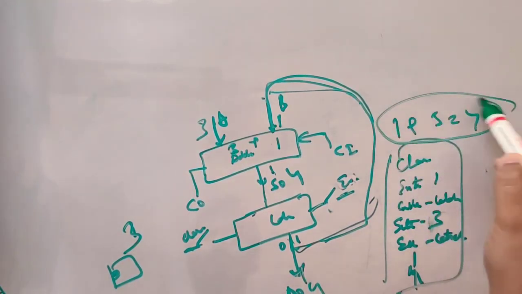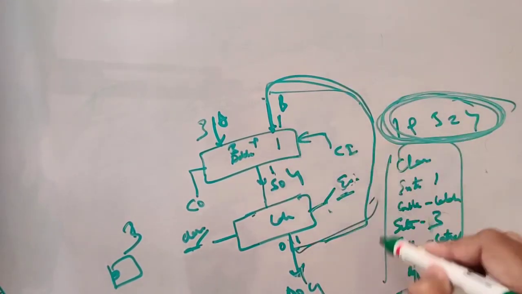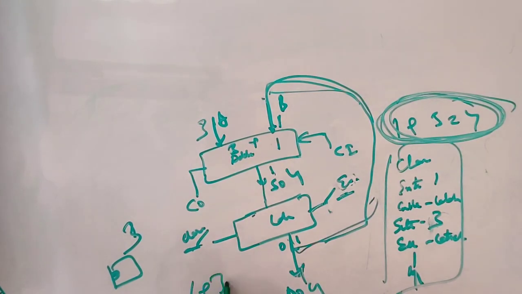So this is not exactly 1 plus 3 equals 4. There are certain other things for which we need a different kind of circuit, but in this we have added 1 plus 3 equals 4.